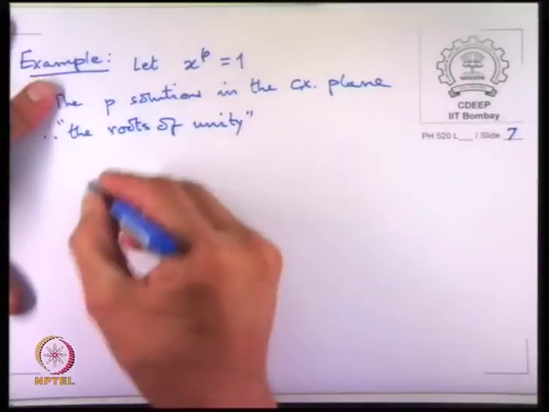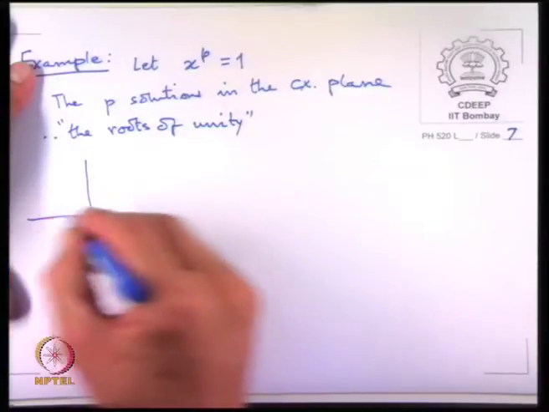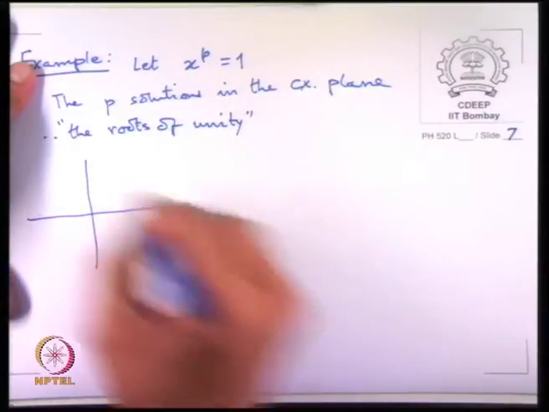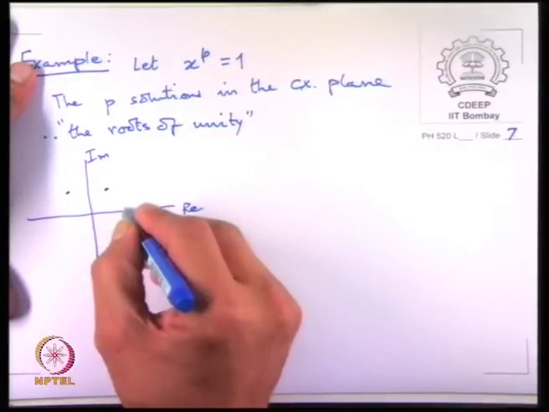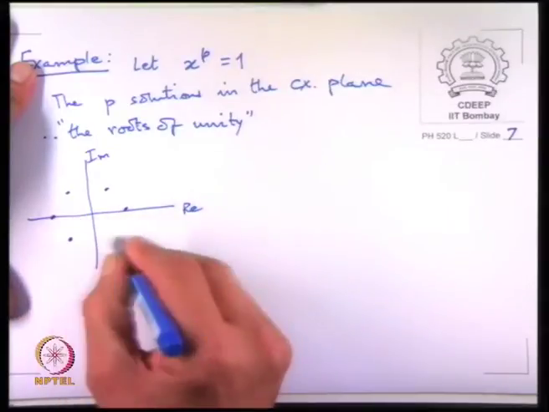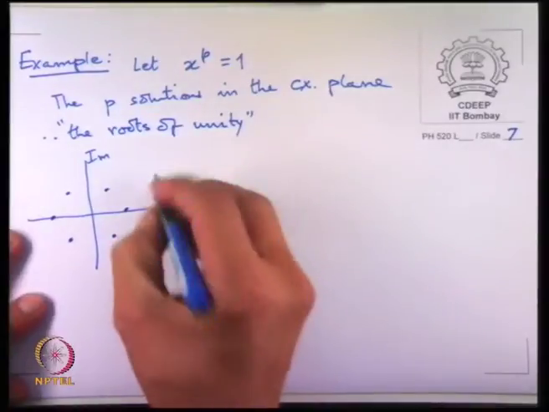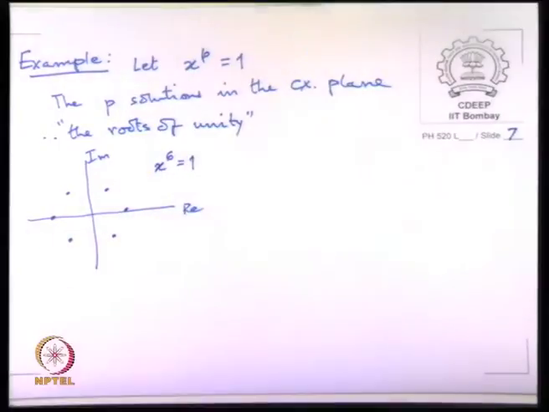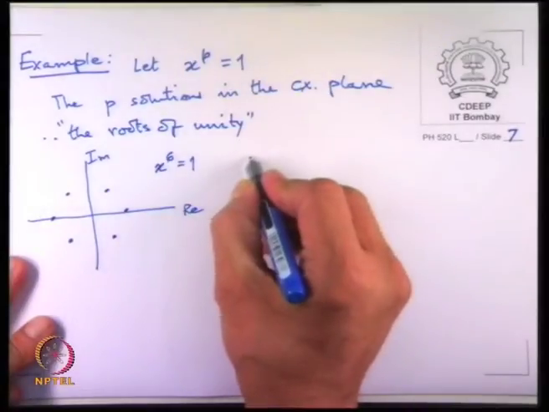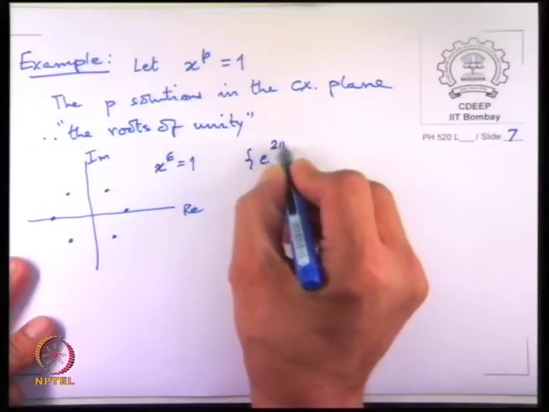So we can draw a little picture here. Draw the complex plane, real and imaginary axes, and let's say sixth order. A hexagon is easy to draw. So I find the solutions of the equation x to the 6 equal to 1. They are these 6 points. You know what they are: e to the 2 pi i r by 6. So the group is e to the 2 pi i by 6.